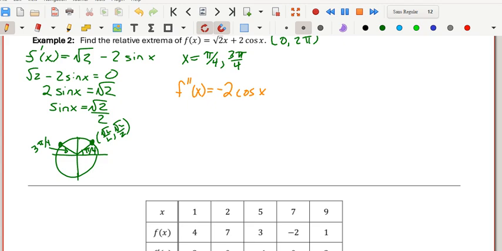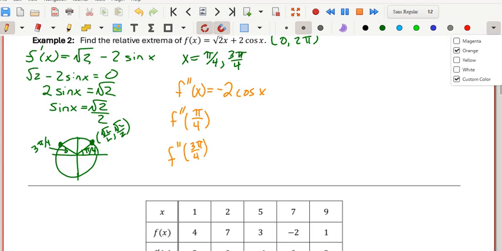So we need to find the f double prime of pi over 4 and the f double prime of 3 pi over 4, which we already have the unit circle for. I guess I could probably fill in those values on my 3 pi over 4. That would be smart. I don't want to be green again. All right. So those values over here are now a negative x value, right?